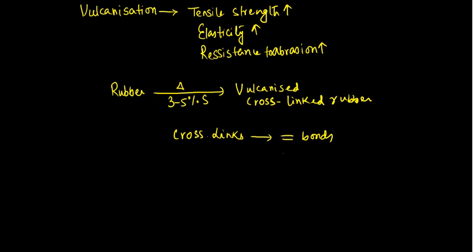Also due to this another thing is important, that is this vulcanized rubber has low water absorption. So this is also very important. We don't want our rubber to absorb water. That will be a blunder. Okay. So now we will be moving on to synthetic rubber.